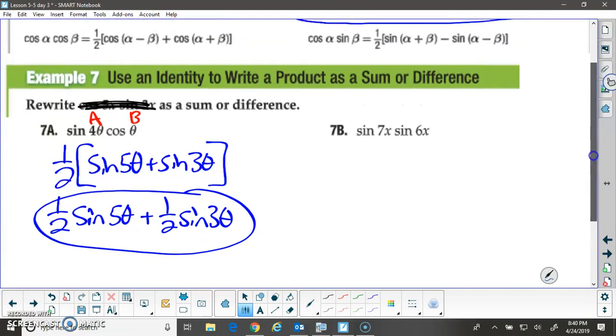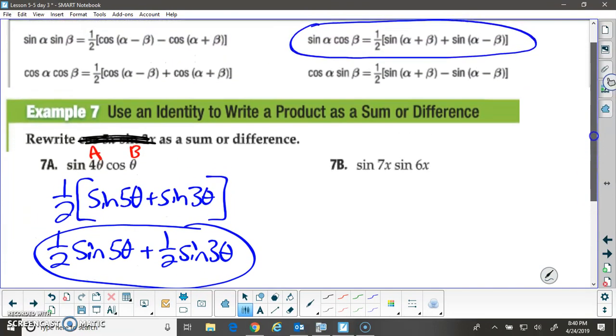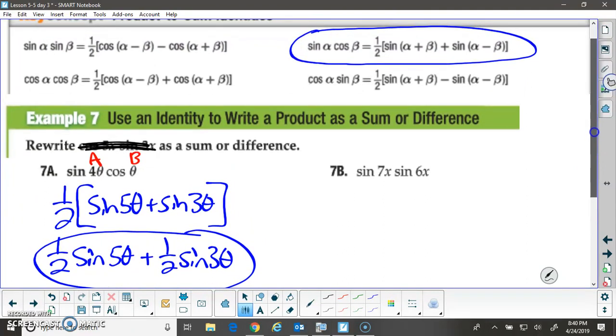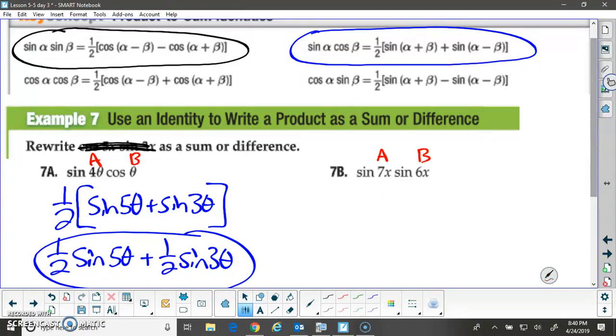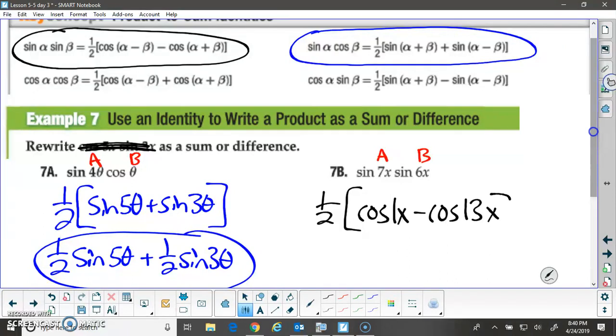Okay, the example on the right, we've got the sine of 7x times the sine of 6x, and so we're going to use this identity for that one. And I'm going to let 7x represent angle A and 6x represent angle B. And so doing so, I'm going to change this into a 1/2 times the cosine of A minus B, which in this case would just be a 1x, minus the cosine of A plus B, which in this case would be a 13x.